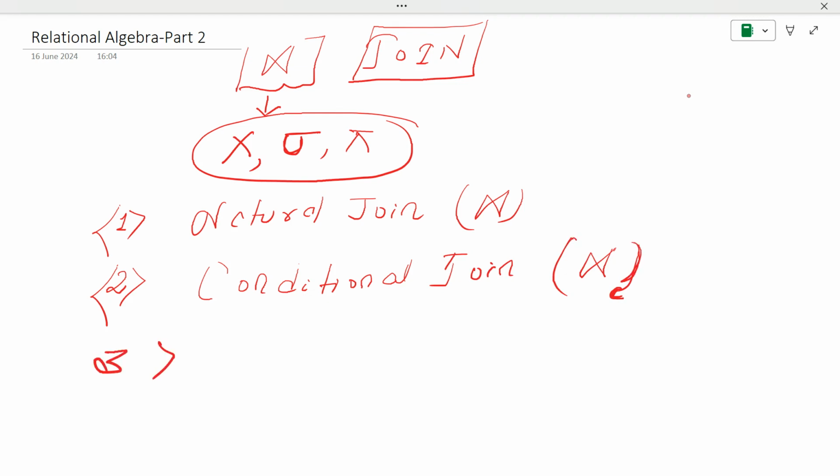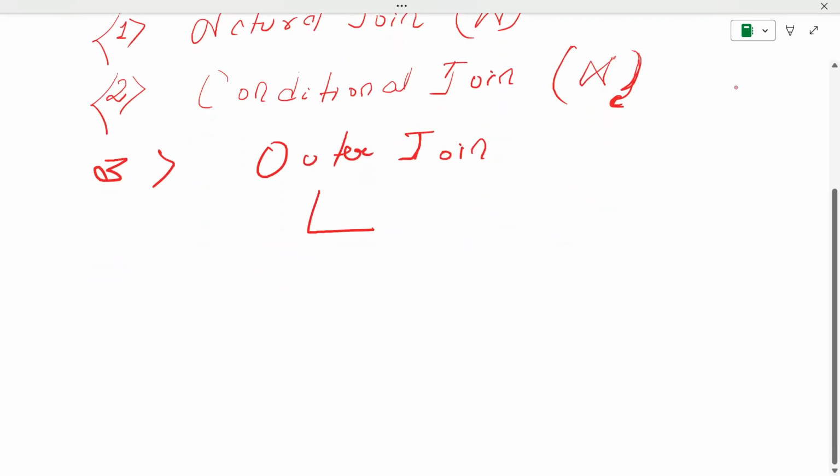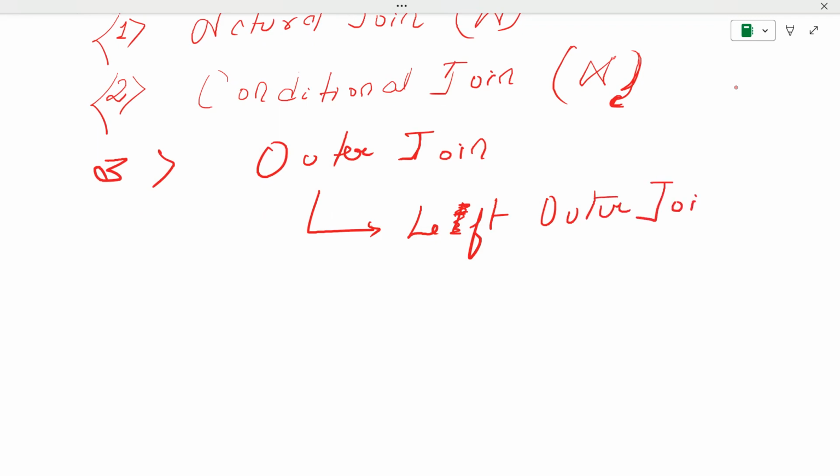And the third one is outer join, which is further categorized into three parts. The very first is left outer join, which is represented by this symbol, and it can be either a natural join or a conditional join as well.